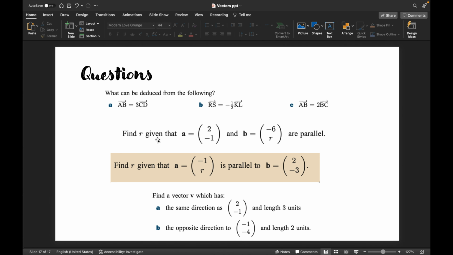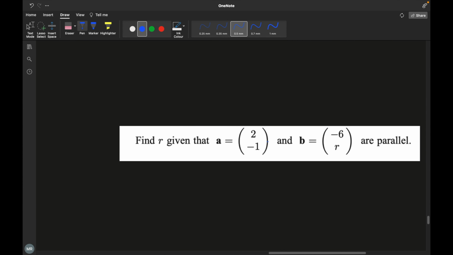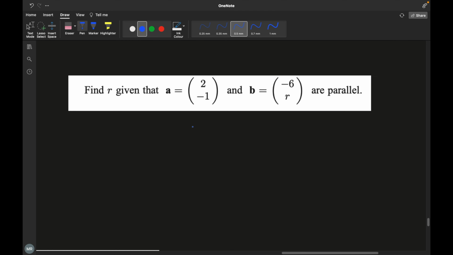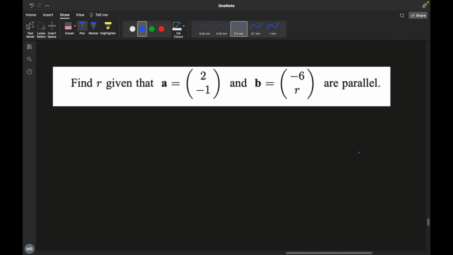And now we can look at this. We have to find R given that A is this and B is this and that they're parallel. We have this, right? We know that they're parallel, meaning A is KB.